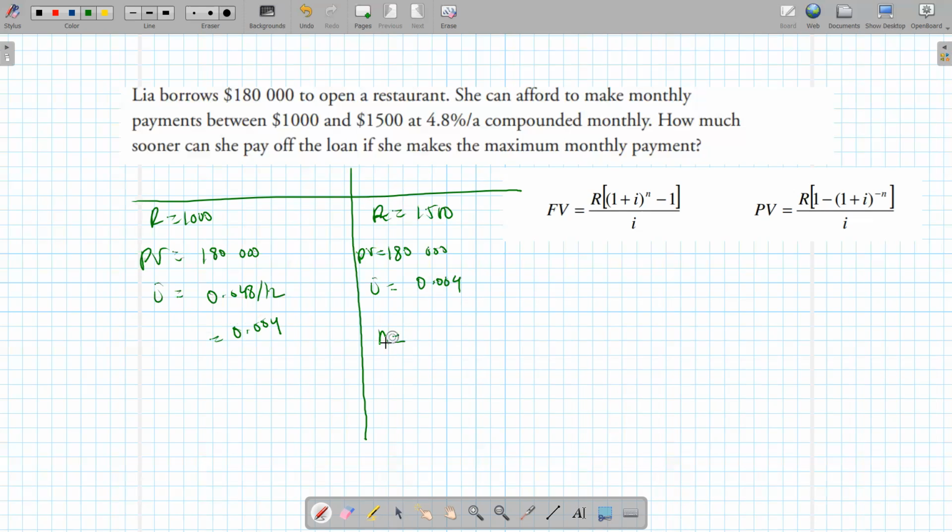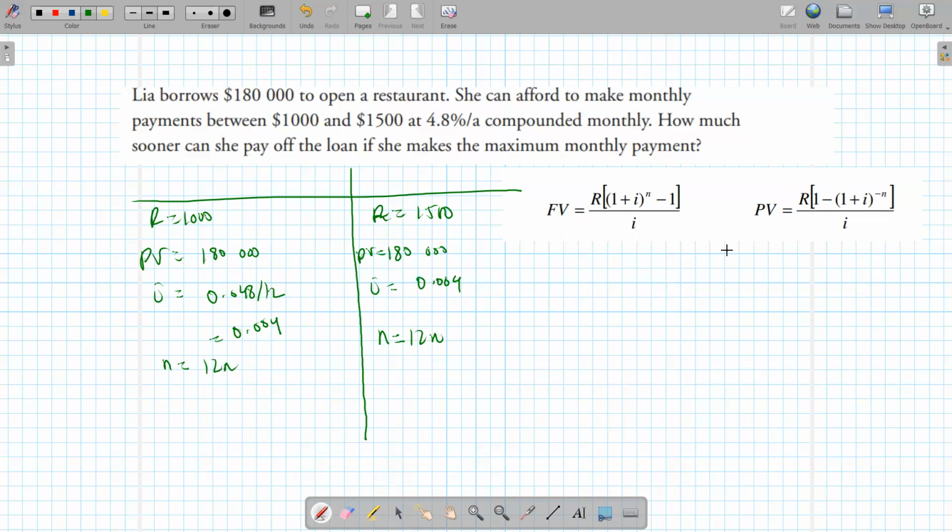What about n? What's the n in both cases? It's the unknown. N is going to be 12n.